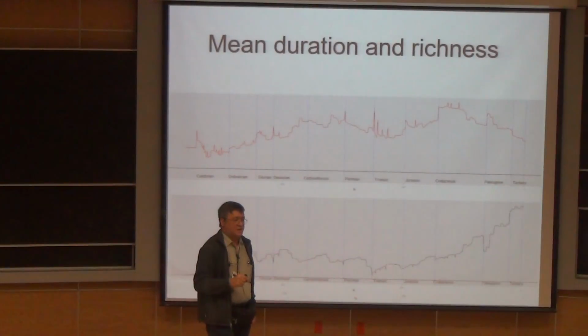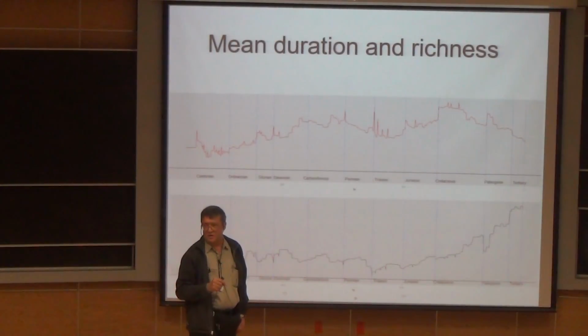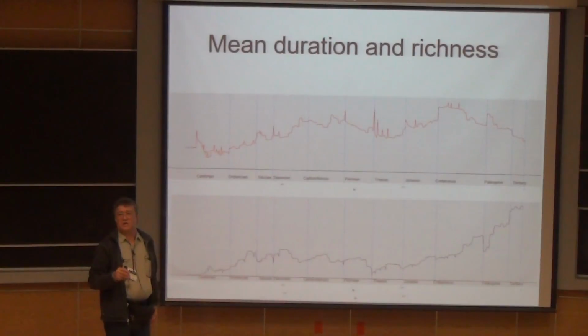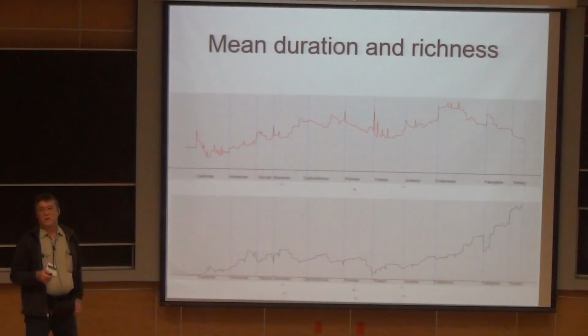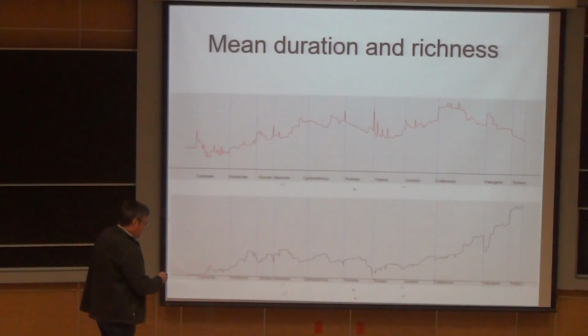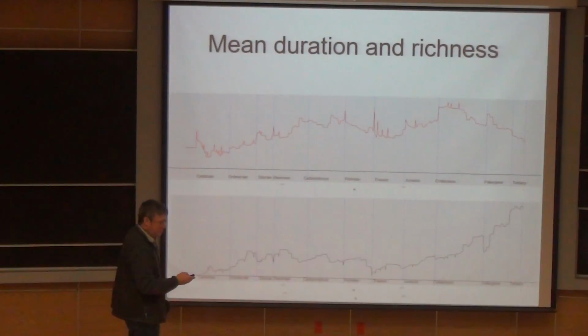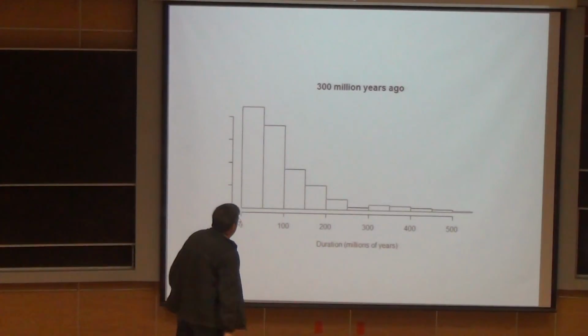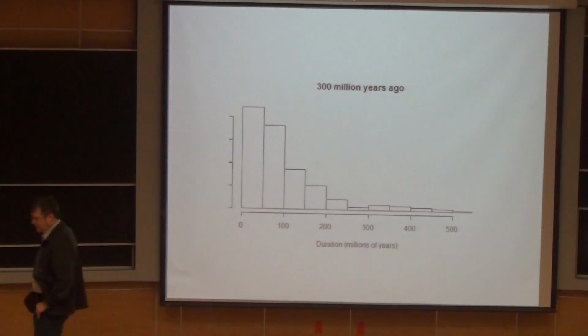And the reason is that if we understand the distribution of lifetimes, we have a very natural way of studying extinction rates, which is called the hazard function from reliability and survival theory. So what Pedro did was to investigate what the distribution of these lifetimes were at different times. And sometimes this is what happened.